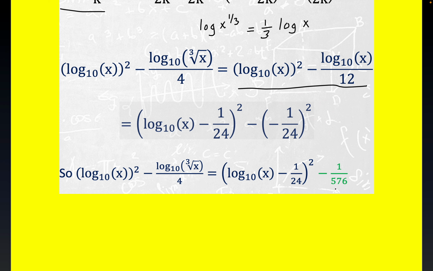But again, we're effectively done right now. But let's just take a look at when this happens. This part would have to be equal to 0, right? So you would have to have log base 10 of x minus 1 over 24 equal to 0.